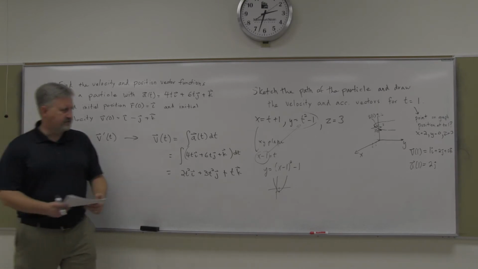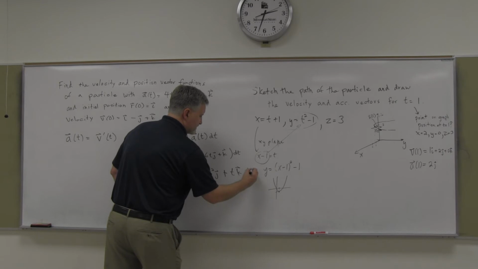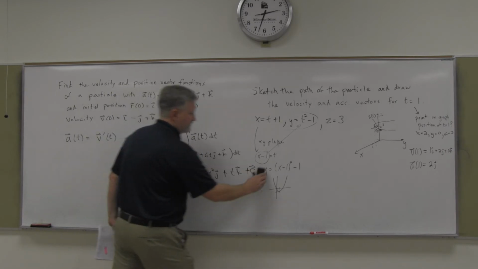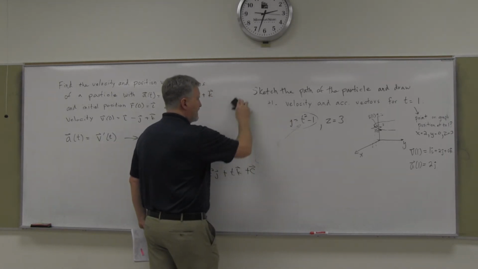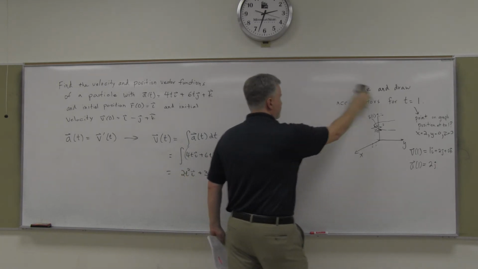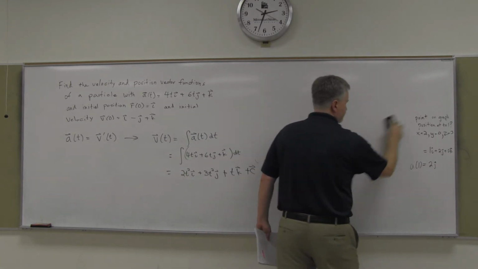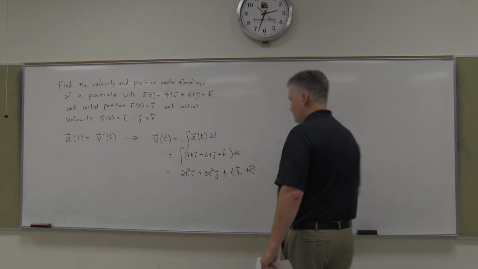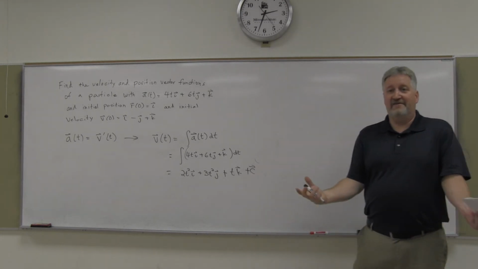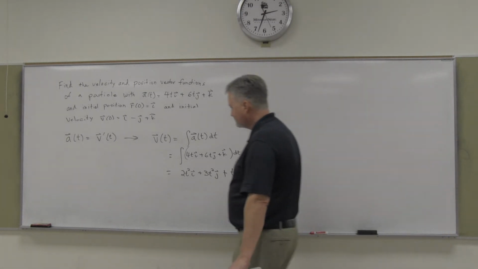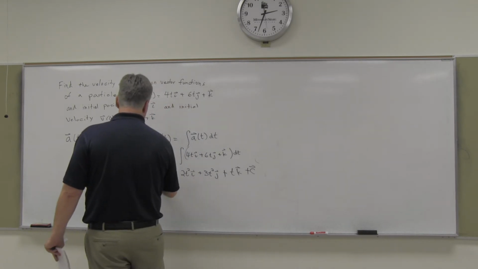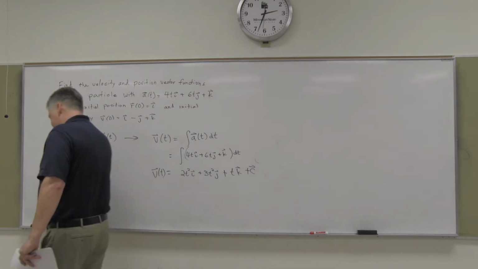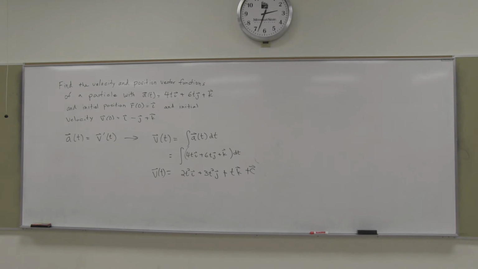So this is plus some constant vector, which means it could have an i, j, k component, if we're talking about those three. All right, with me there? You have to add in a constant because it's indefinite. So that's our initial findings of v of t, vector v.